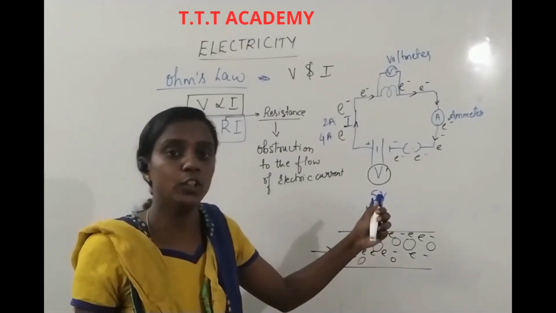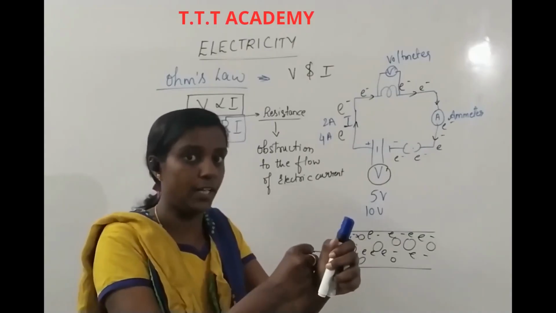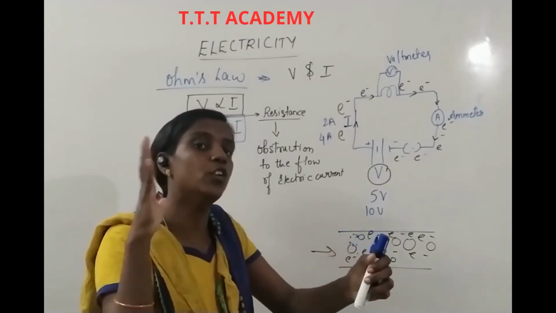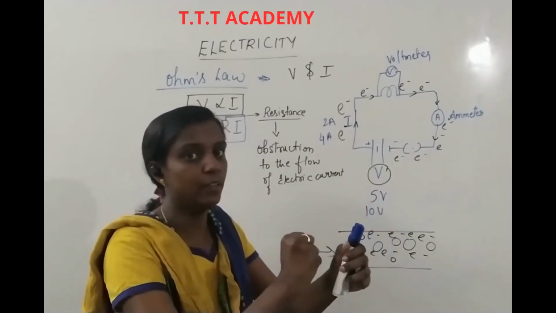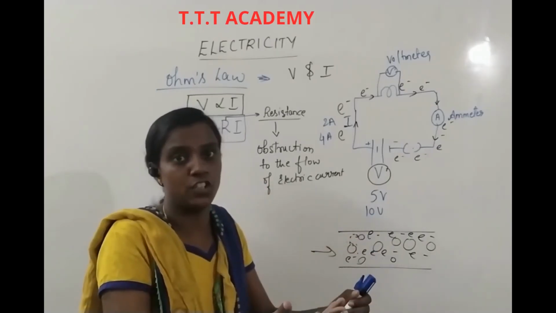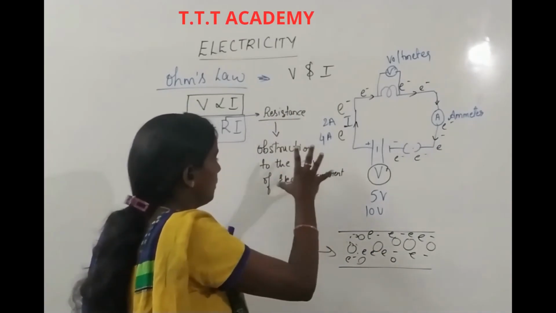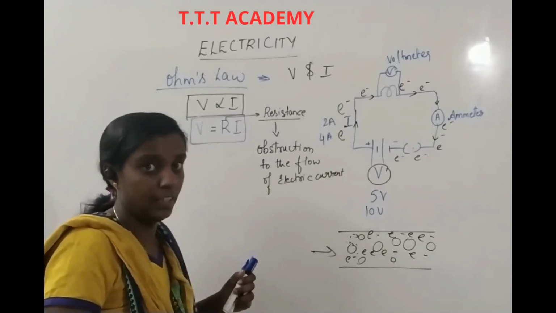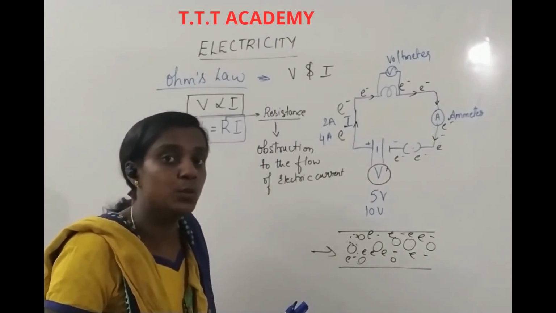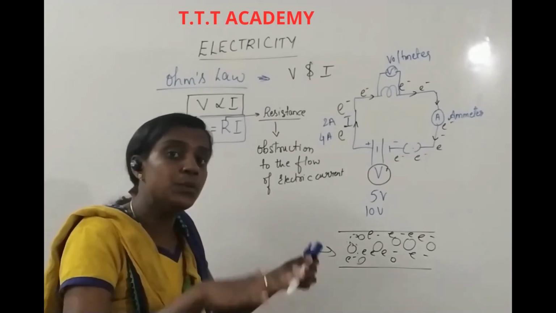When electrons collide, there is a slowdown in their flow. When they hit, they get obstruction. That is nothing but resistance. So resistance is obstruction to the flow of electric current, and it reduces the flow.